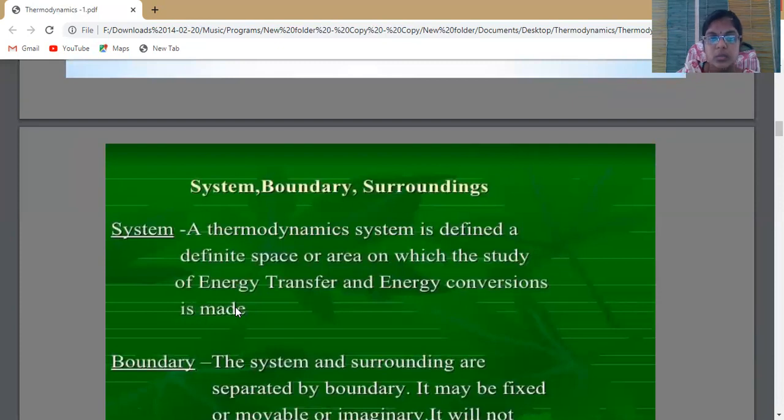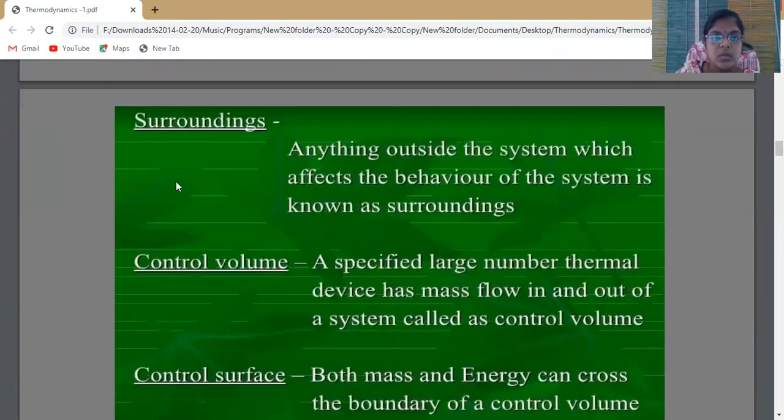For example, the book is nothing but a system. In this particular system, we study. That is a system. Outside of the system is considered as the surroundings.